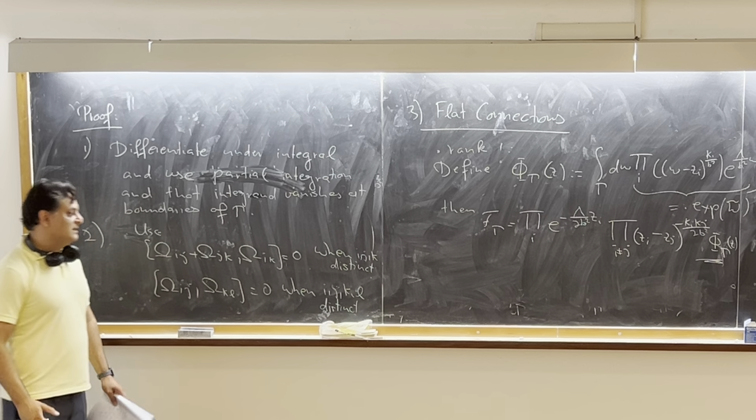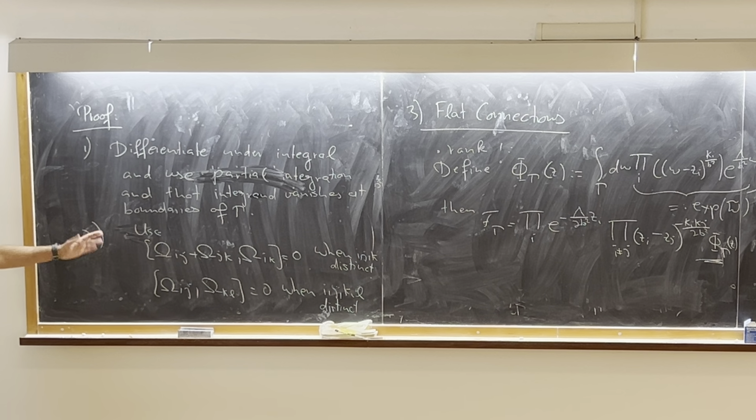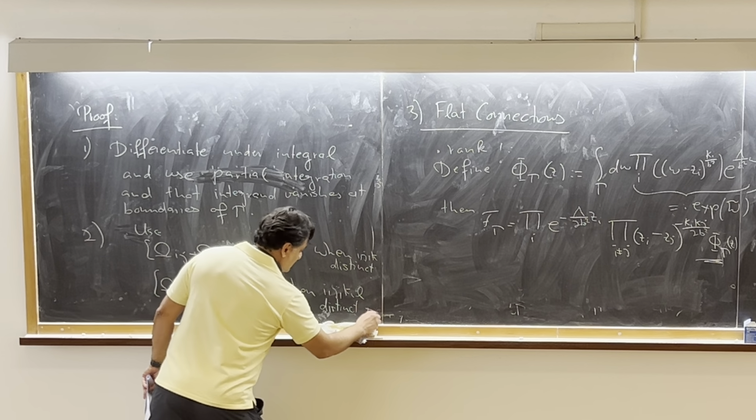So this is basically some results, and if you know this, you can just plug it into the usual proof of the KZ equation, and then the connection is flat. So that just shows it. And so this is basically what I want to say about the proof.